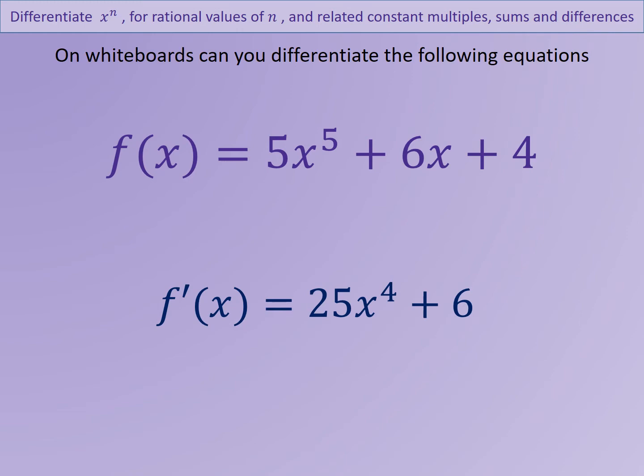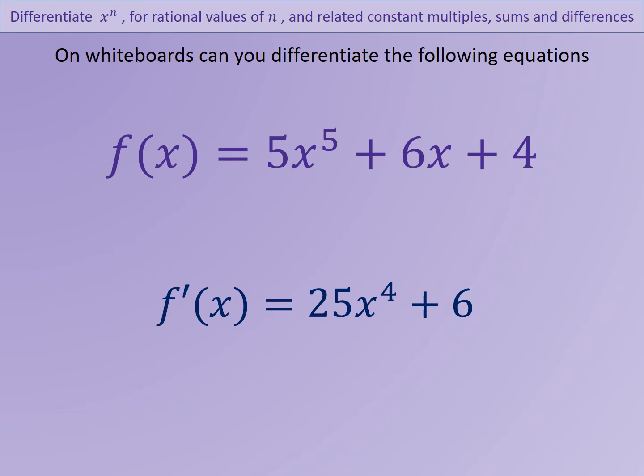And then if we use differentiation using those laws that we've just learned, when the 1 comes down to the front, 6 times 1 is 6. The power gets reduced by 1, so x to the power of 1 becomes x to the power of 0, and x to the power of 0 is 1. So together we get just a value of 6, a constant of 6 when we differentiate 6x.